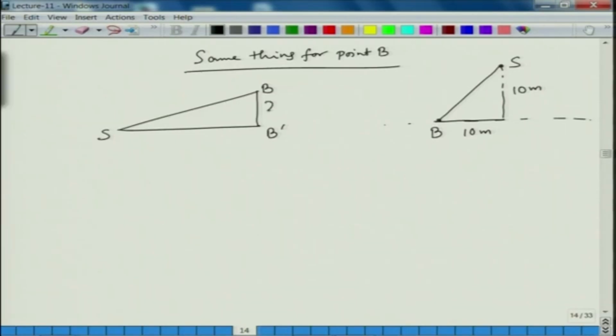So, what are the dimensions? This 2.5 is given for the wall. This angle is our alpha OB, but we do not know this S B prime. How to find this? We need to invoke another angle.